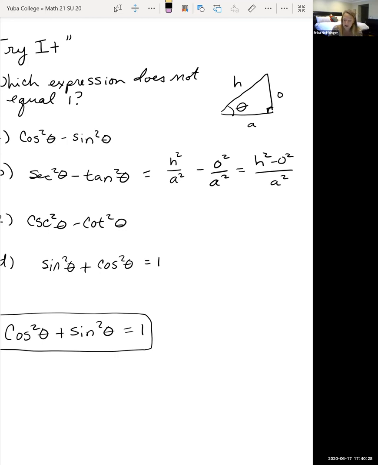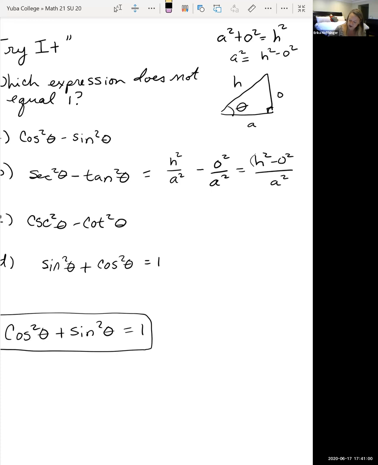So let's go back to the Pythagorean theorem. Usually we don't use the O and the H in there, but that's okay. The Pythagorean theorem says that you square each leg and sum it. So A squared plus O squared equals H squared. If I subtract O squared on both sides, I get A squared is equal to H squared minus O squared.